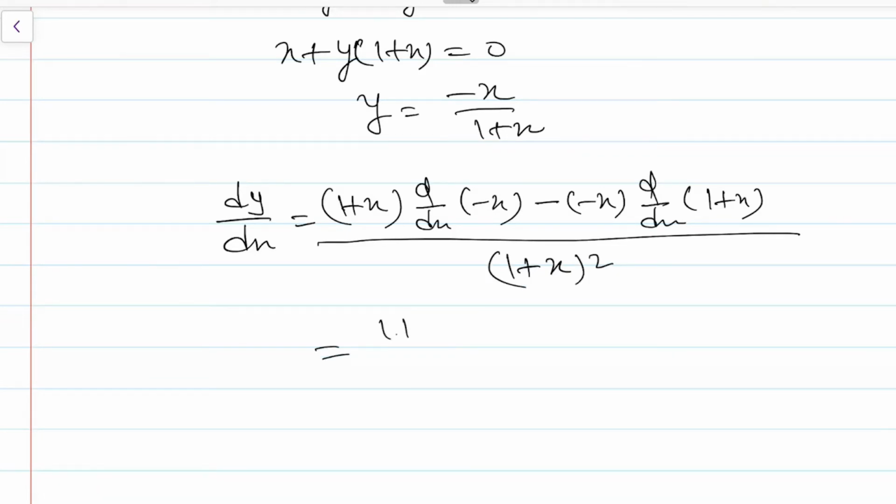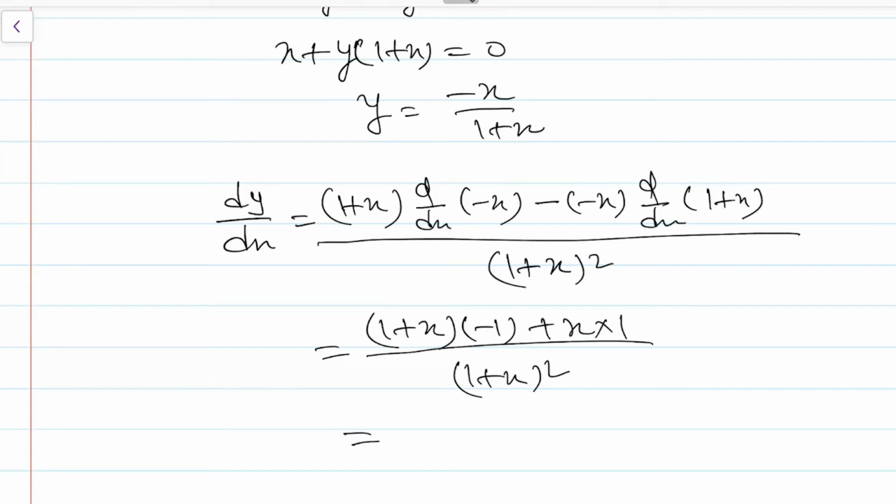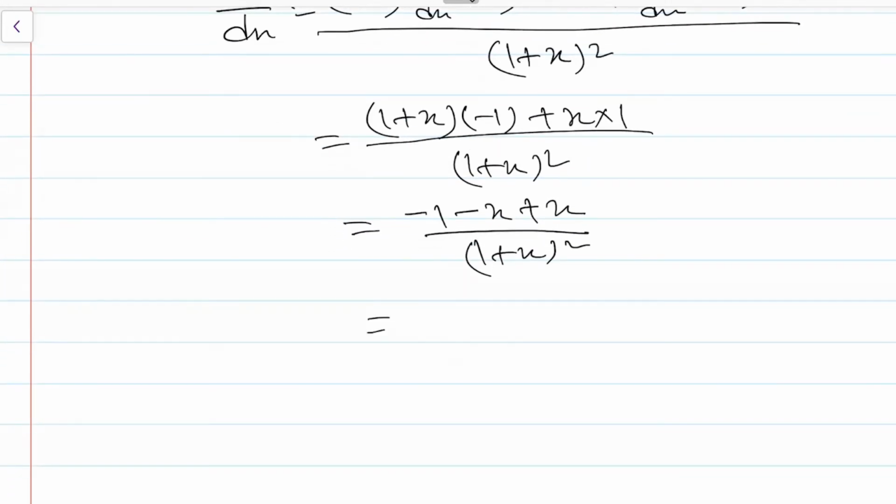Now the expression will be (1 plus x) into minus 1 minus (1 minus x) into 1, divided by (1 plus x) whole square, which is minus 1 minus x plus x divided by (1 plus x) whole square. So dy over dx will be equal to minus 1 over (1 plus x) whole square, which is to be proved.